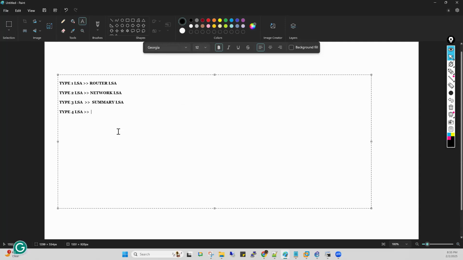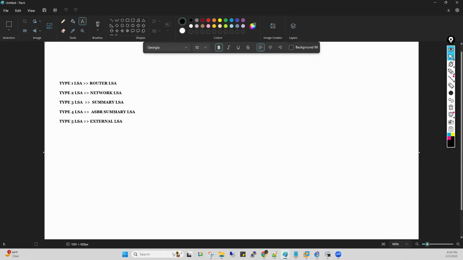Type 4 LSA is known as ASBR summary LSA. And type 5 LSA is called external LSA. Done, guys? Everyone, let me know, yes or no.